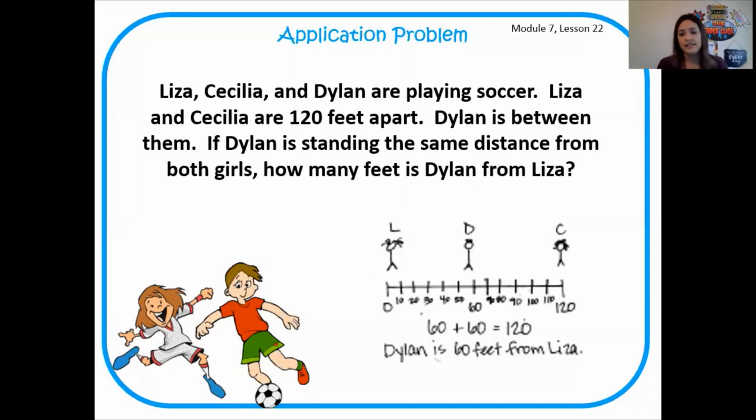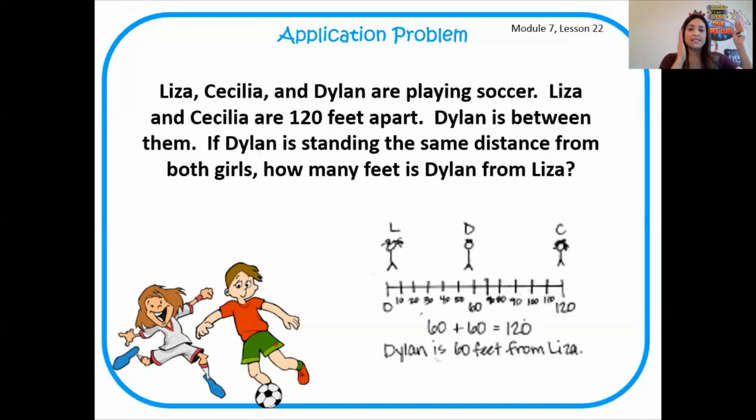So I counted by 10s from 0 to 120 to see what the middle number would be. I got 60. The next thing I did was add 60 plus 60 to see if that gave me 120. Because remember, he was in the middle of both girls.